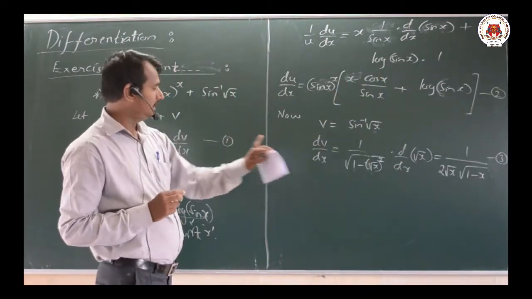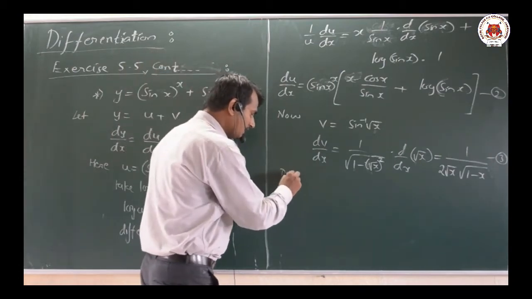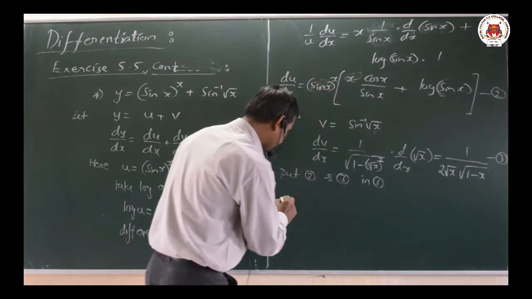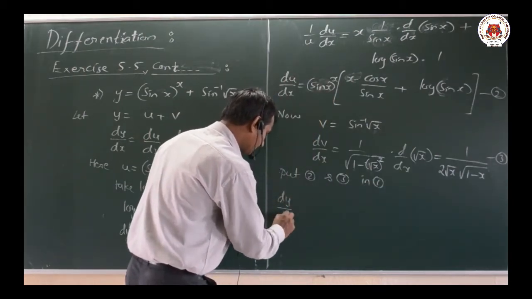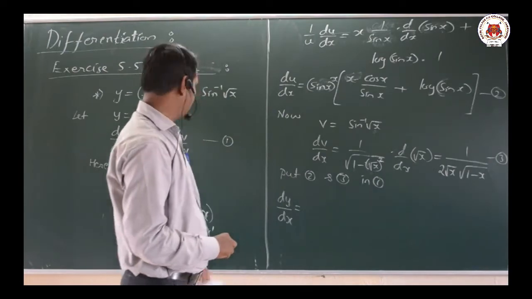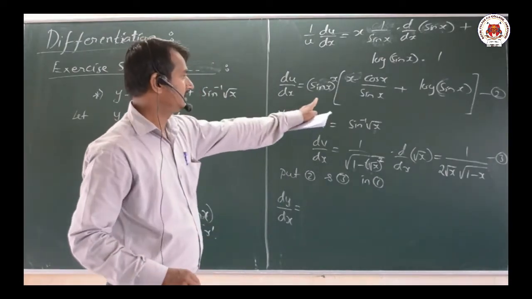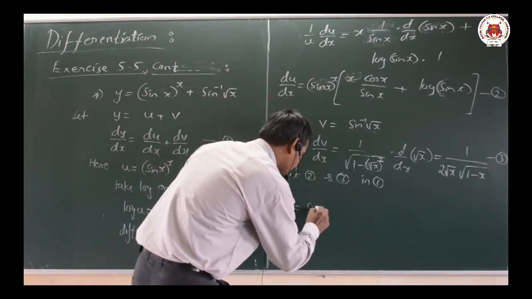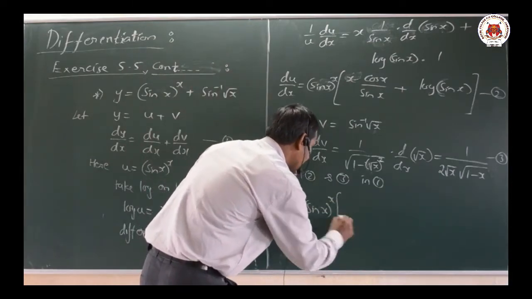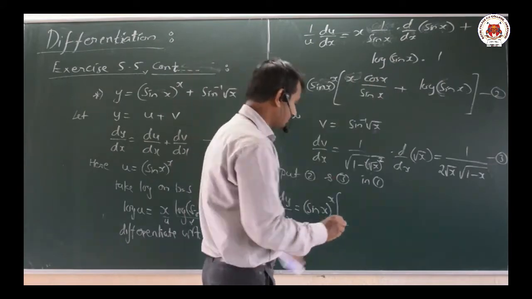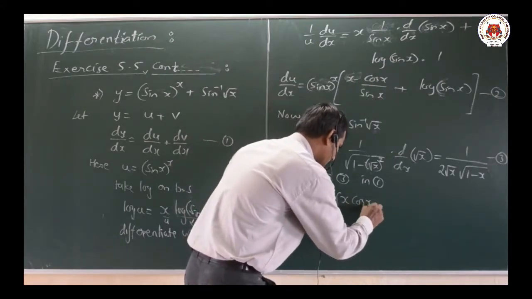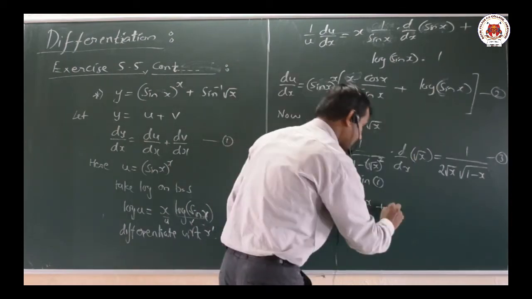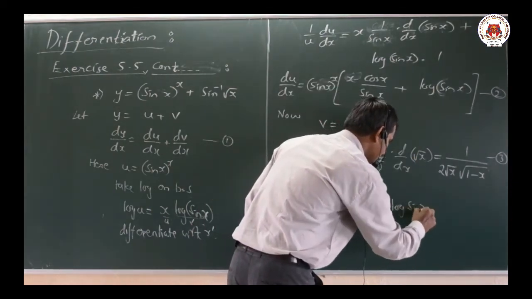I will put 2 and 3 in 1. So what we get here is dy by dx equal to, first of all, du by dx, meaning the whole value: (sin x) to the power of x into x cos x divided by sin x plus log of sin x.